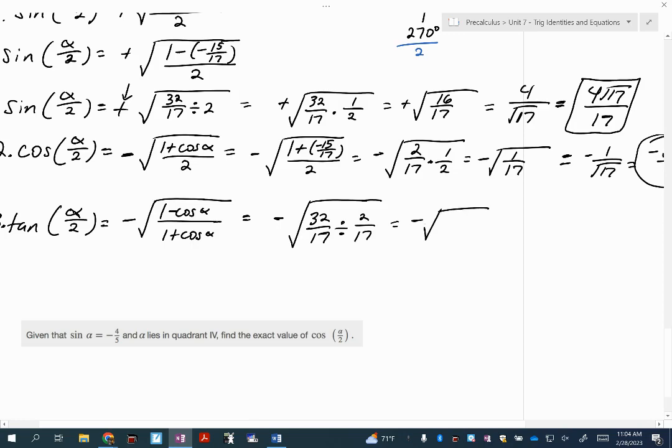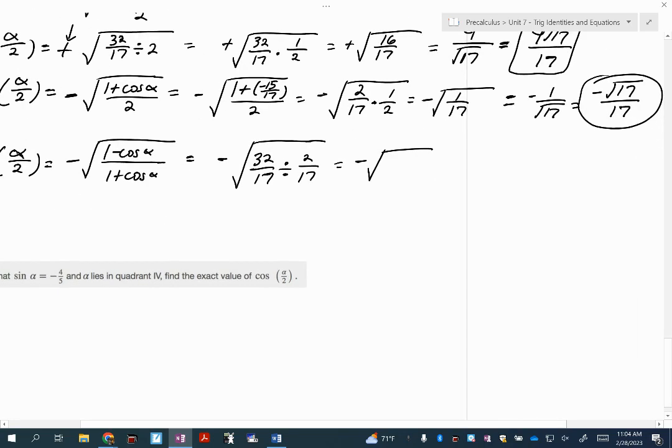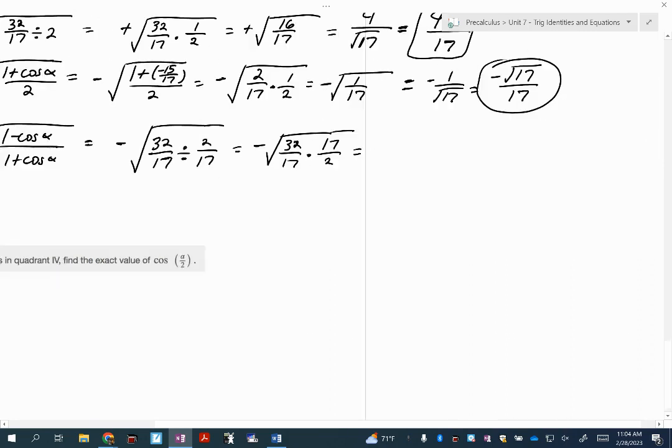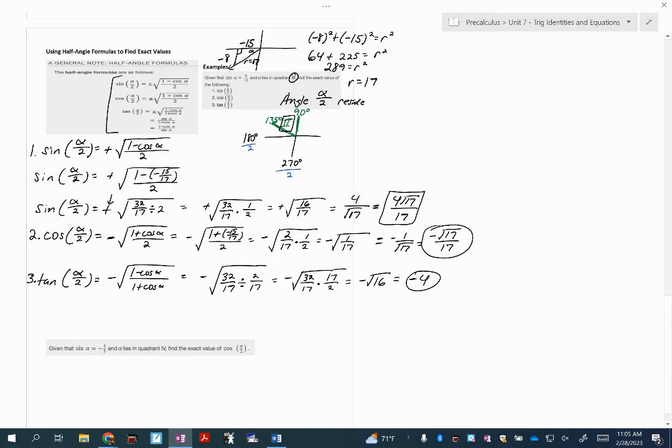So if you multiply by the reciprocal, the 17s will cross out. I guess I'll just show the work. So times 17 halves, the 17s cross out. 32 divided by 2 is 16, and the square root of 16 is 4, but don't forget to bring down that negative. All right, that's it for those half angle identities.